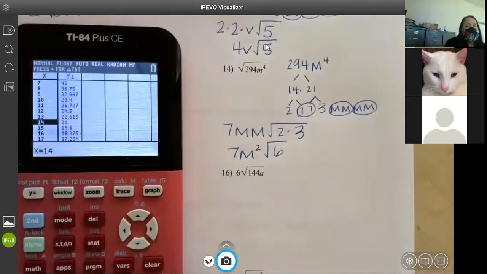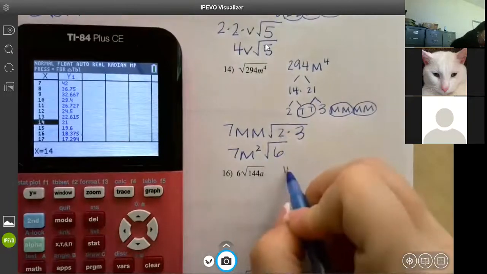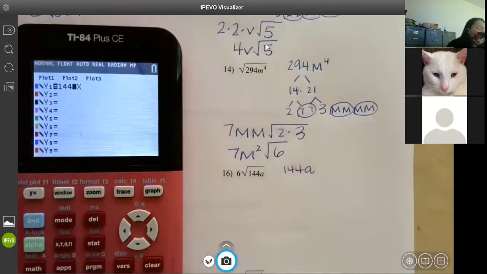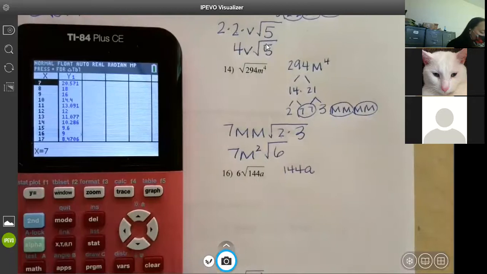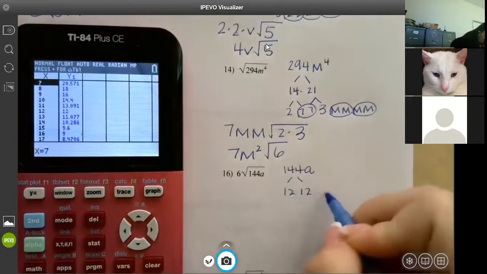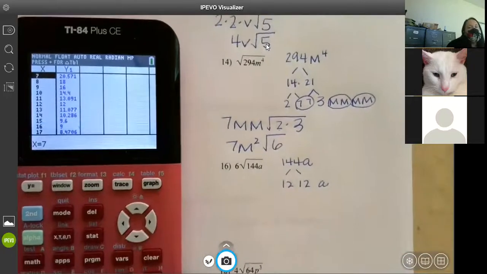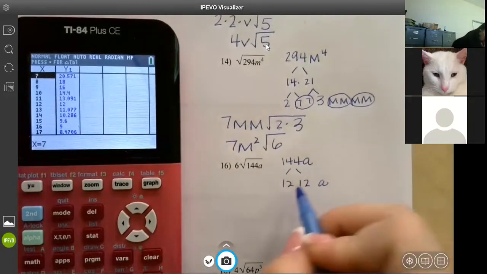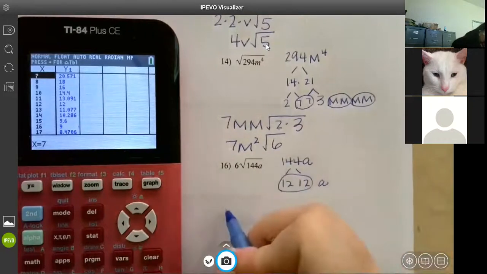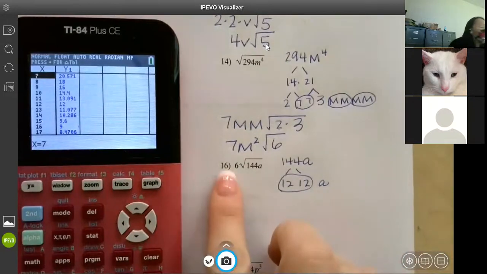Okay. Look at your next one. I'm going to break down 144a. I don't know my factors of 144. I can put them in my calculator. I already have a pair with 12 and 12, and don't forget I have an A. So what do I have a pair of? What else do I have though? 6.